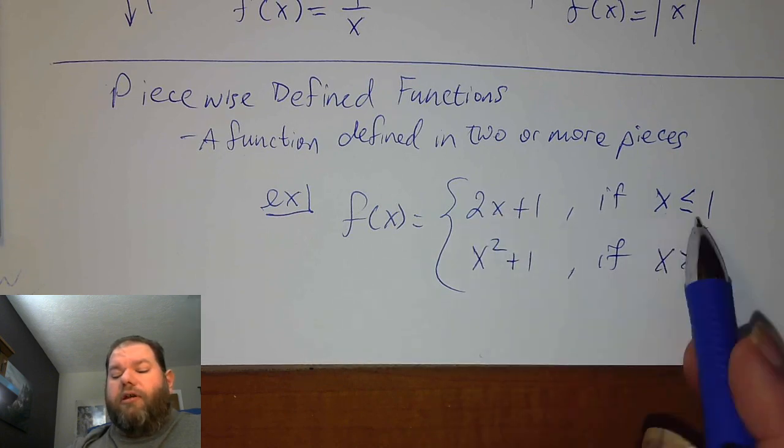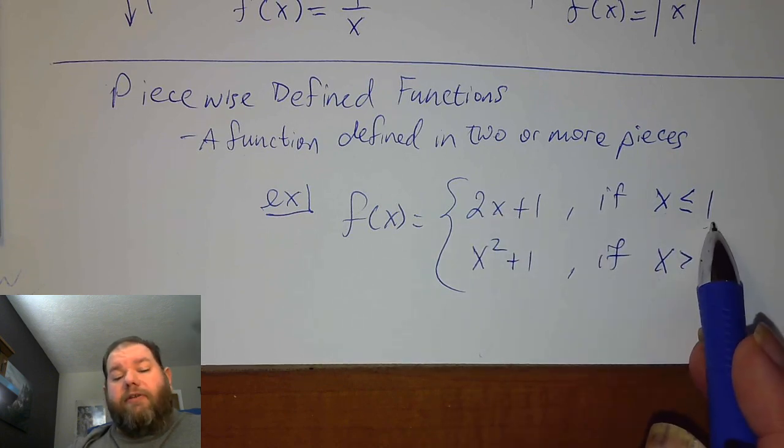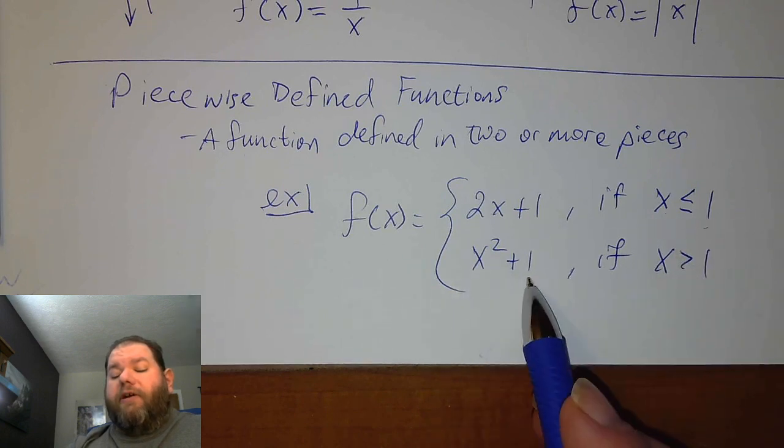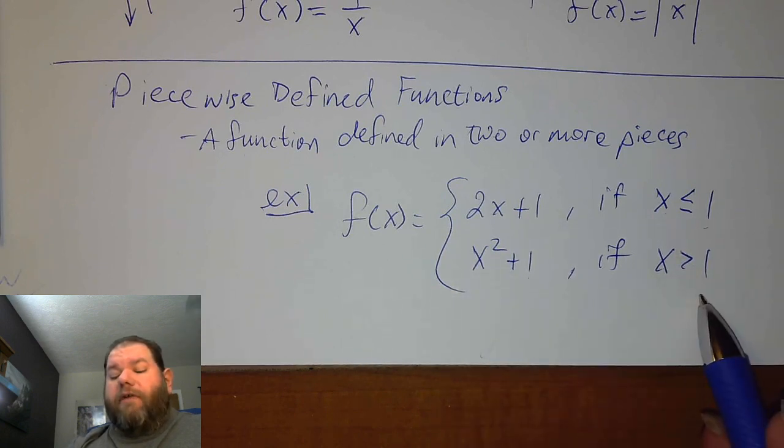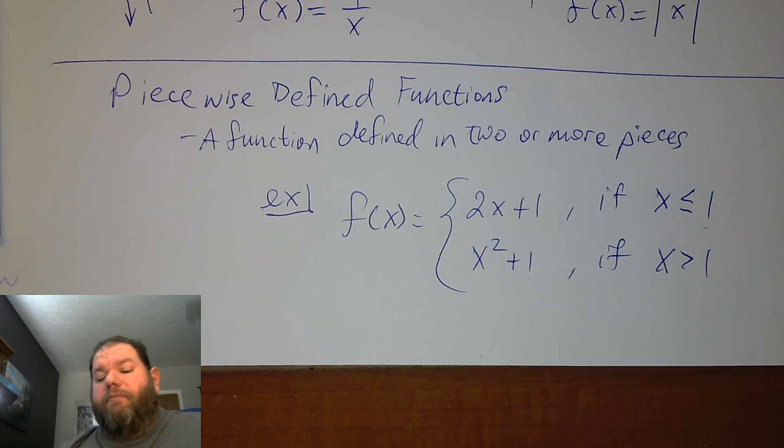One definition if we plug in a value that's less than or equal to 1, and a second definition if we plug in a value that's greater than 1. Now, in this section, we're not going to graph these. We're just going to look at how to evaluate a piecewise function at an x value.